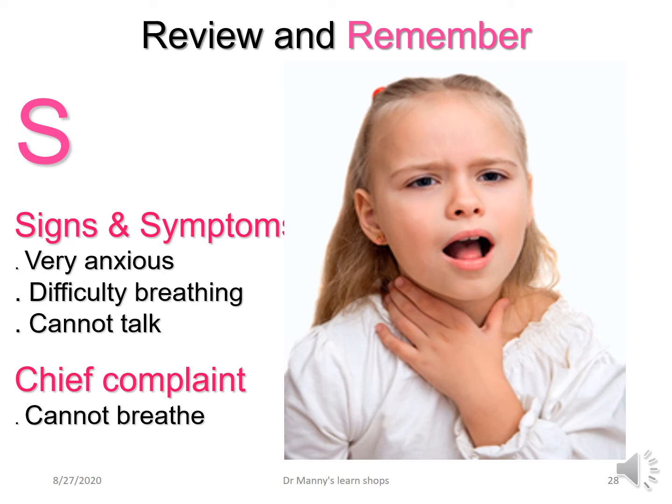Look at the picture of the little girl. She's doing the universal sign that indicates possibly she might be choking. What are the signs and symptoms? She appears very anxious, has breathing difficulty, and she cannot talk properly. Her chief complaint, which she can't tell you, is that she can't breathe.